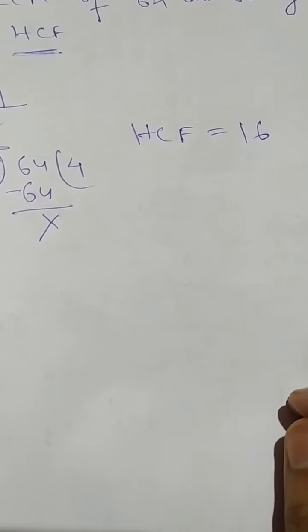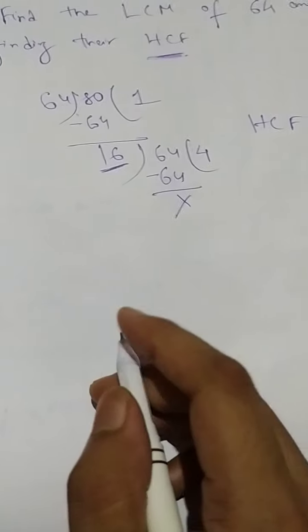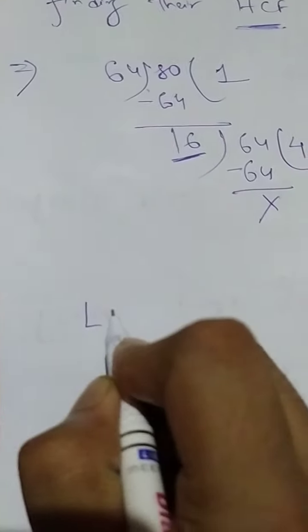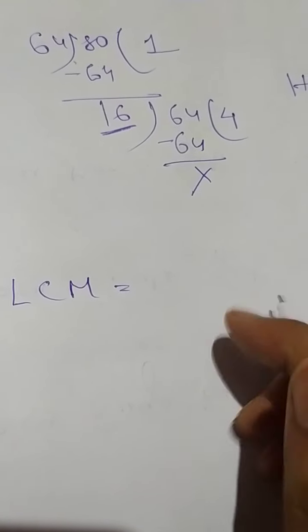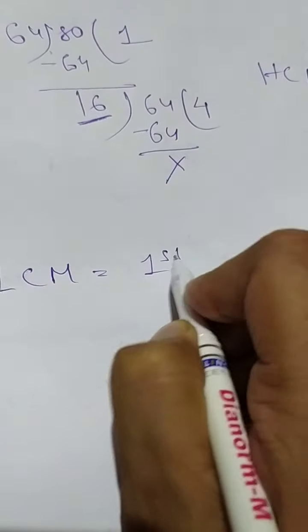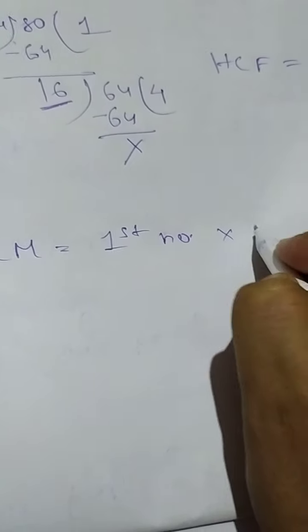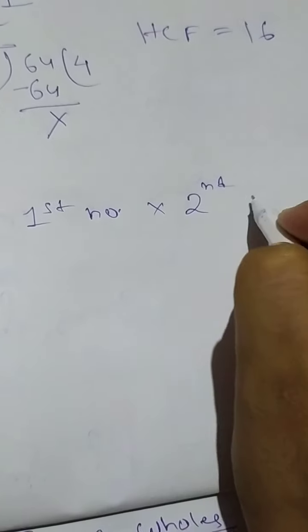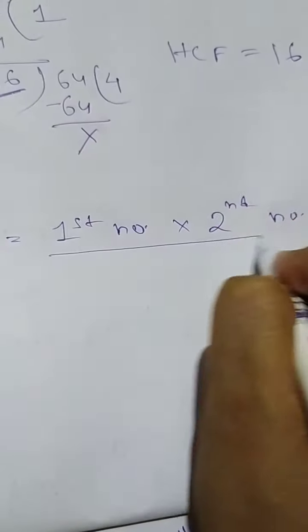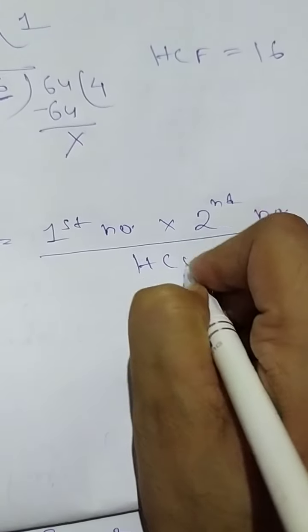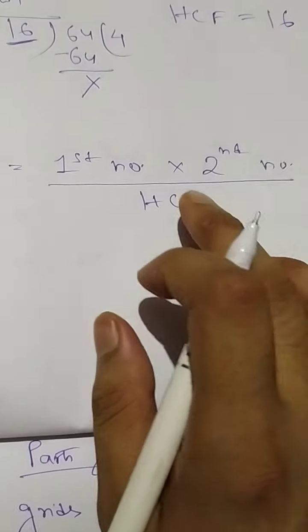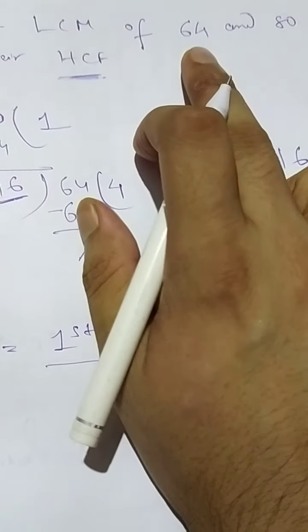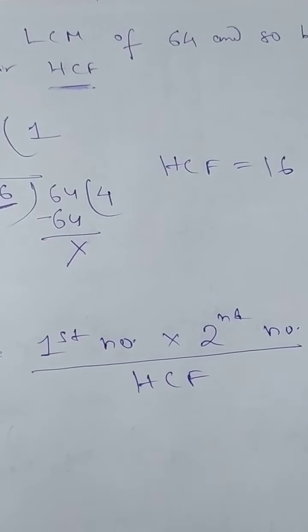Okay, now you have to find the LCM using the formula. The LCM formula is first number into second number by HCF. This is the formula. So your first number is 64 and second number is 80.